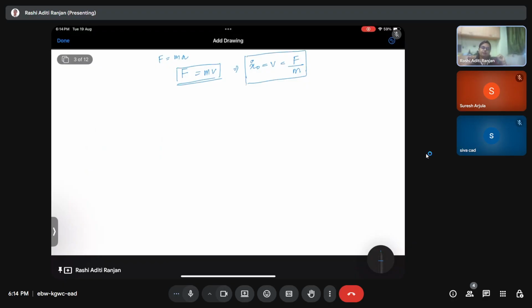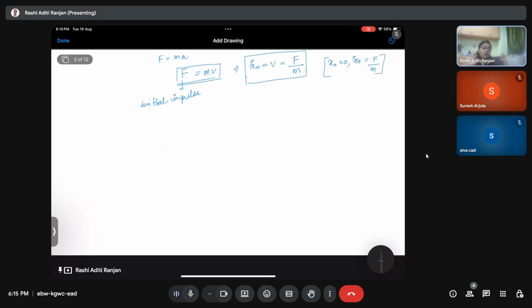Here F is the initial impulse. Okay, I hope this is clear. So now we have the initial condition as x naught equals 0 and x naught dot as F by m.